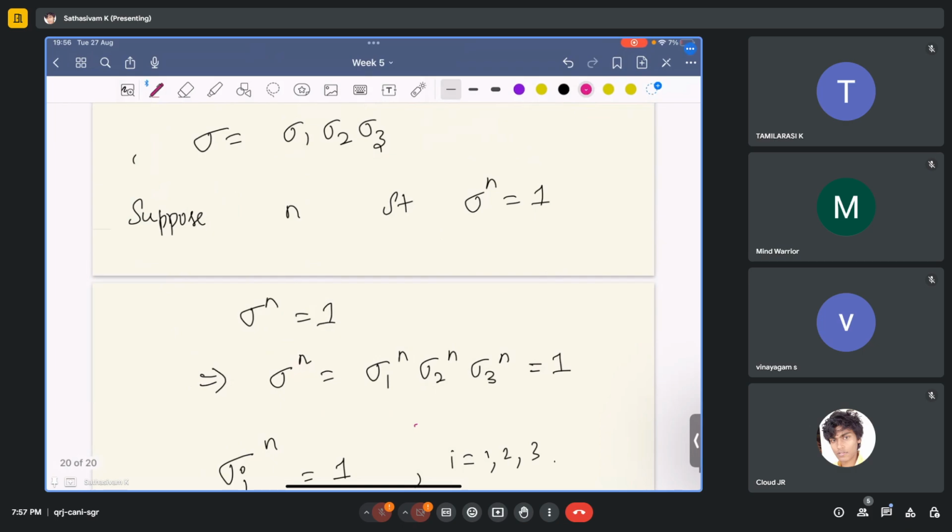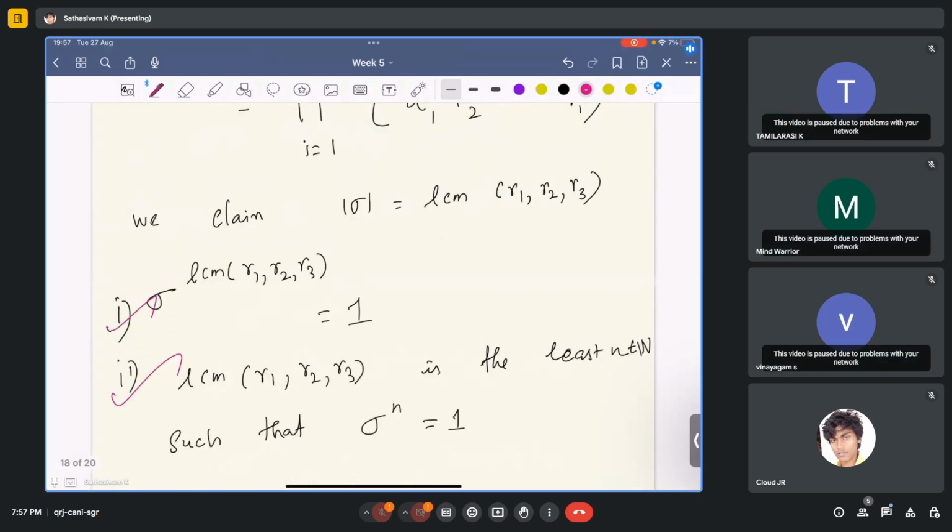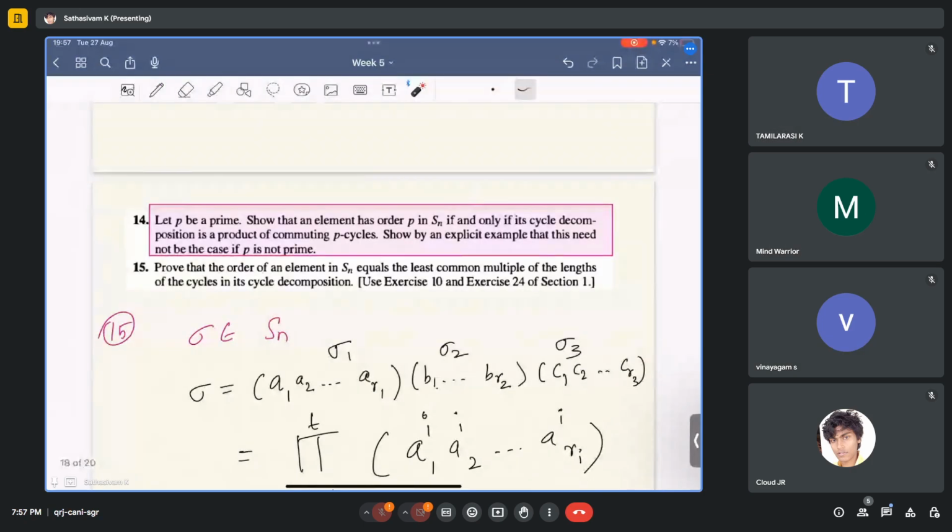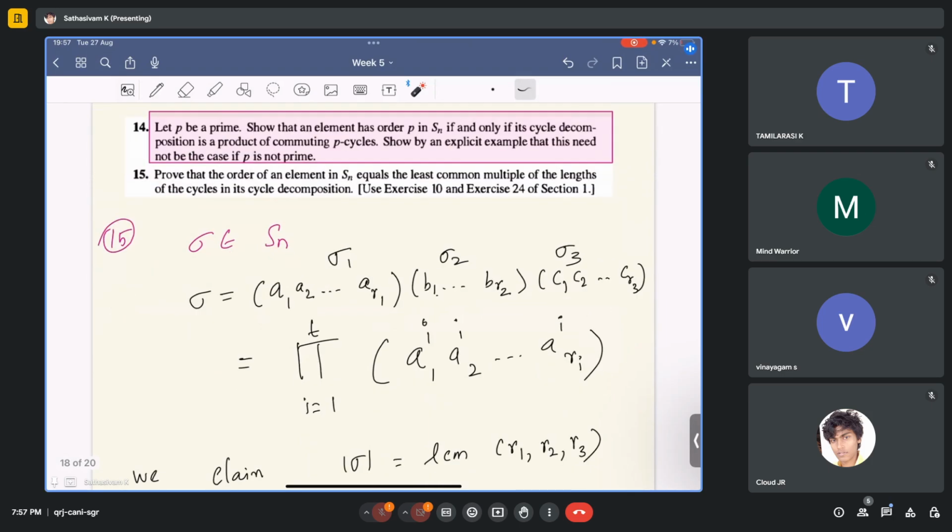If you observe, what we actually proved is the following statement. We have proved that if you write an element sigma in Sn as a product in a cyclic decomposition, then its order is nothing but take the length of each of the cycles and take the LCM.